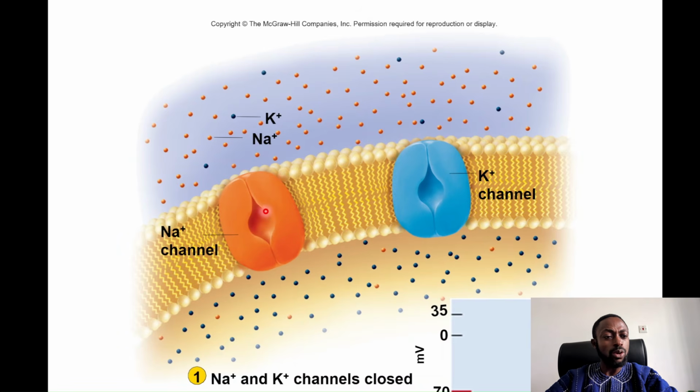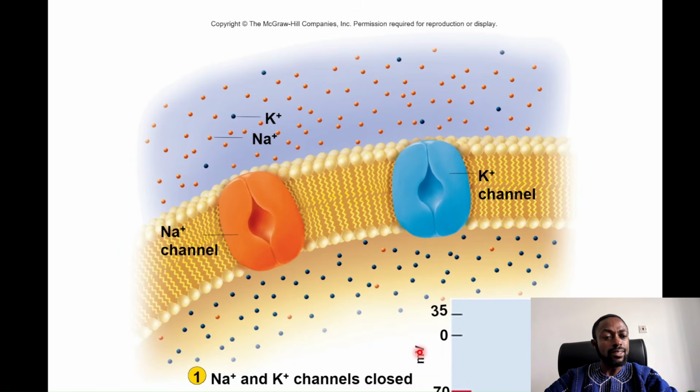As long as sodium ion channels are open, due to the concentration gradient, sodium ions are going to influx into the cell. That is, there will be movement of sodium ions from outside to the inside of the cell. Because sodium ions are positively charged, as they move into the cell, they will drive the cell from minus 70 up to a more positive state. From minus 70, it will move to minus 69, minus 68, minus 67, and move up like that.